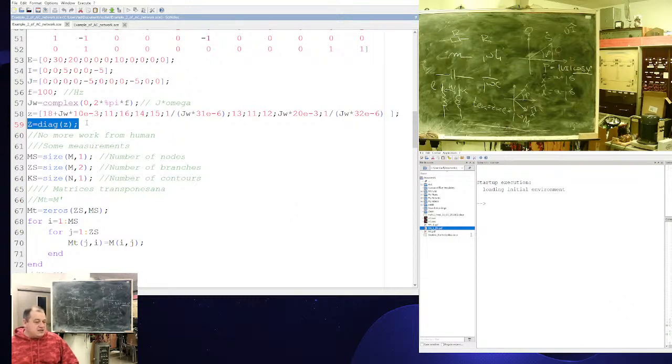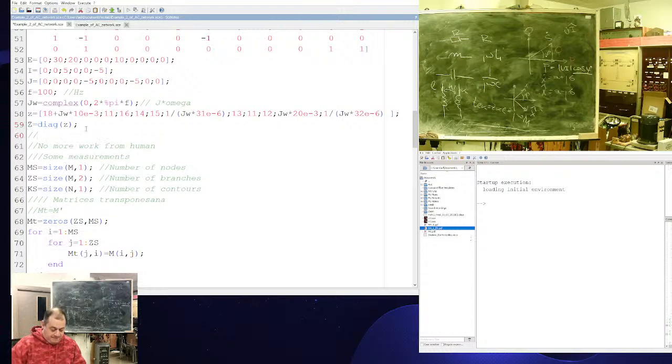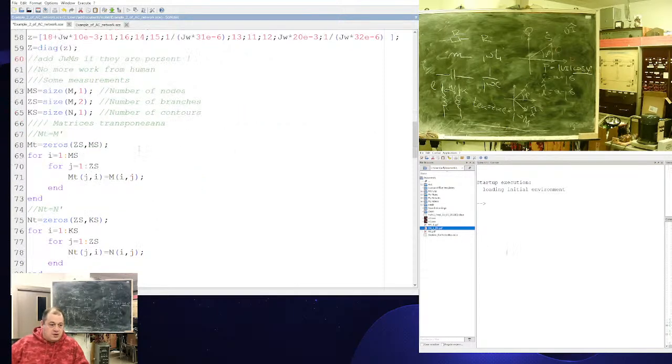If they are present, you need to add these elements after this row. Okay, my work is done.